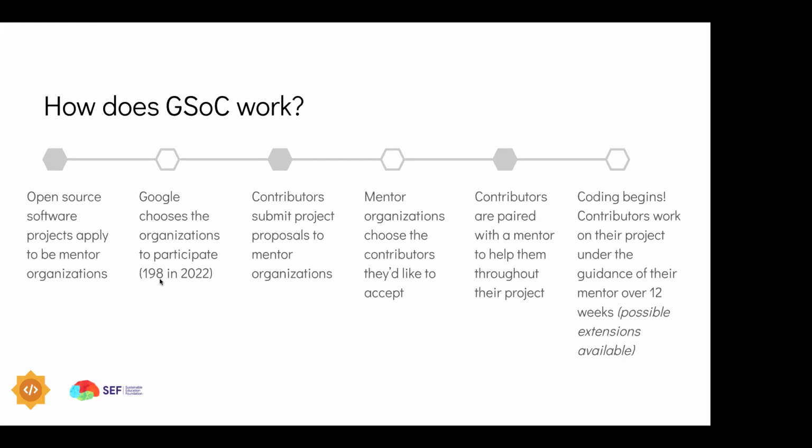So once you are accepted to work on one of these, you will get a mentor, and he will be helping out throughout your project, and then you will start working on that project, which will be 12 weeks, or you can take it up to 22 weeks.